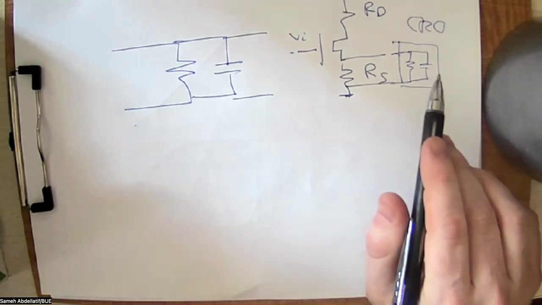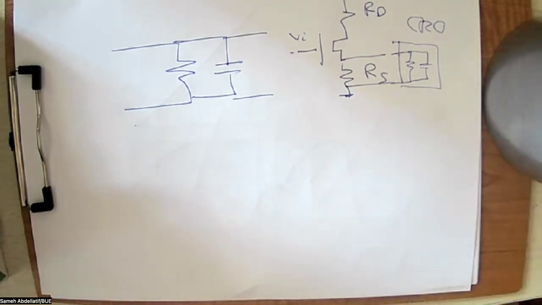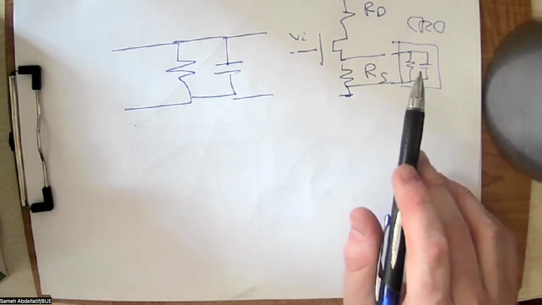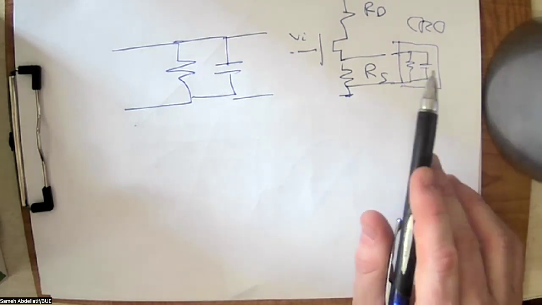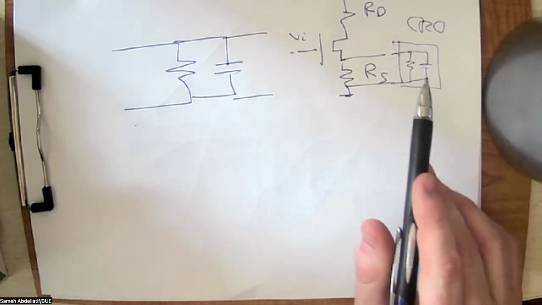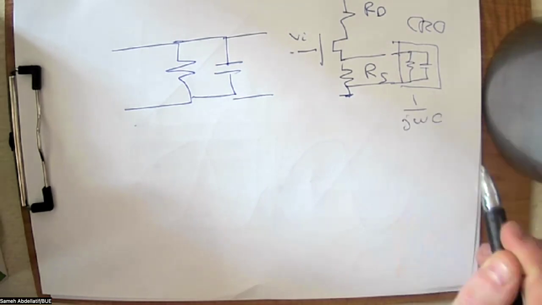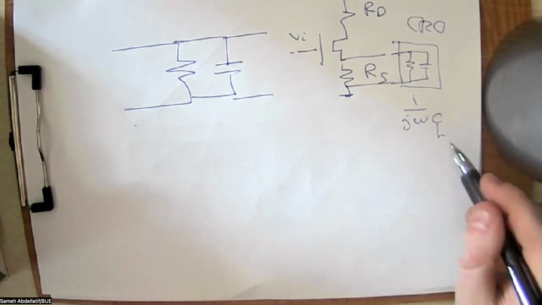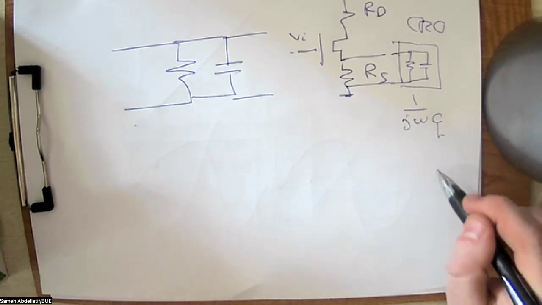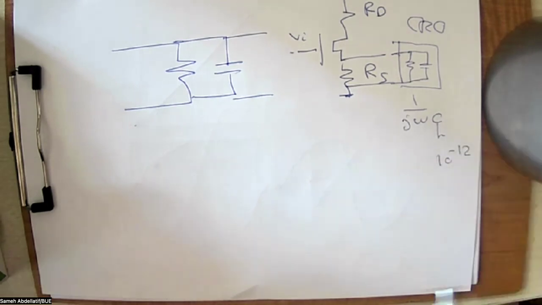Maybe for the capacitance, you can slightly ignore the effects in this experiment if your frequency is not of a frequency of interest for the capacitance. For example, this is 1 over j omega c. We are now considering c in the picofarad range. So picofarad, which means 10 to the power negative 12.